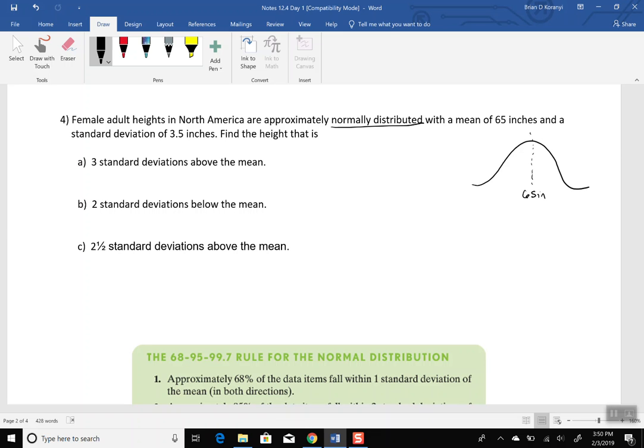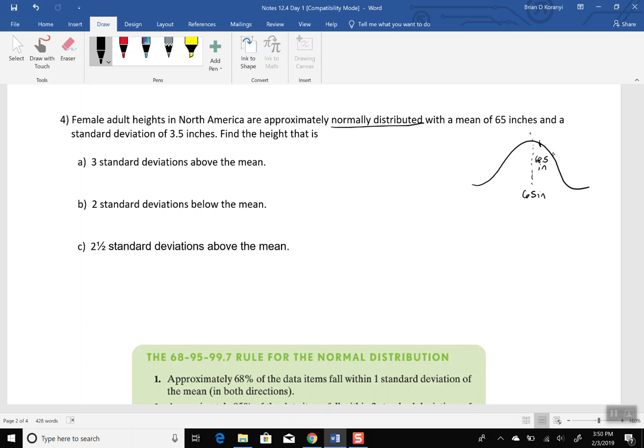So 3 standard deviations above the mean. If I go 1 deviation above, I'm just going to mark it here, that would be 68.5 inches. That's 1 deviation above the mean. If I went 2 deviations above, that would be another 3.5 inches, so 3.5 there, that was 68.5.